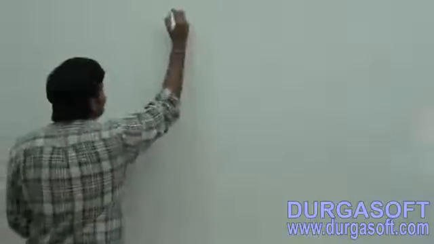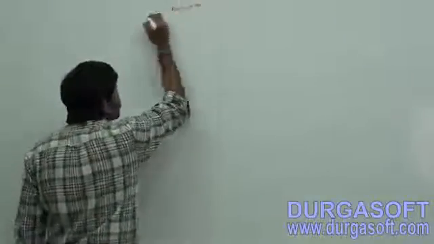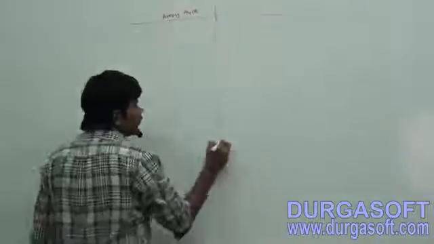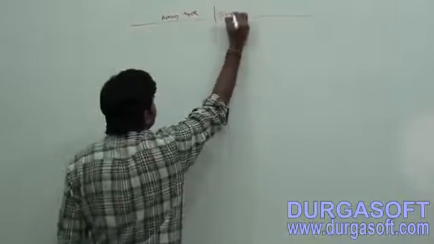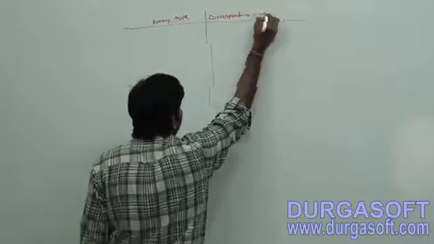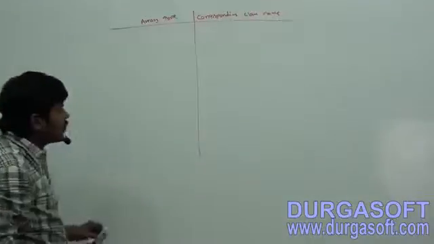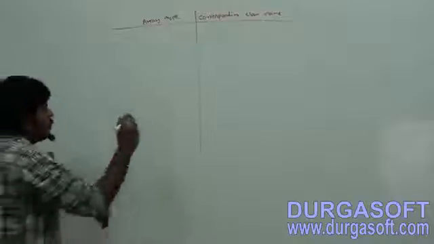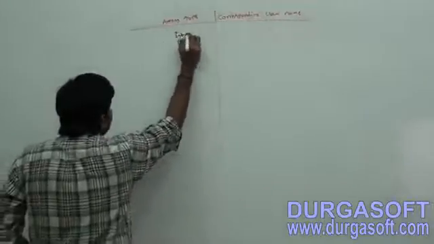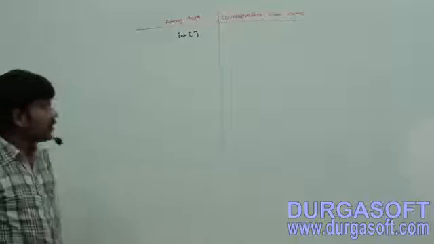Okay, now just observe. Let me take a small table form: array type and corresponding class name. Here I am taking an int array.